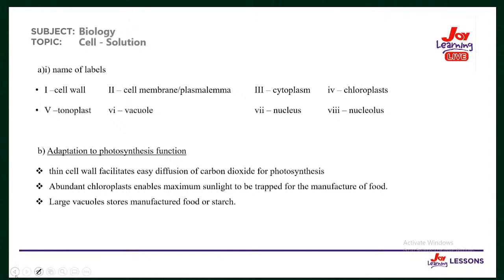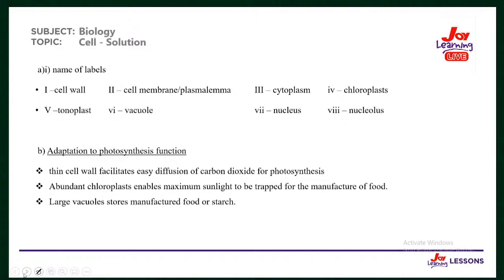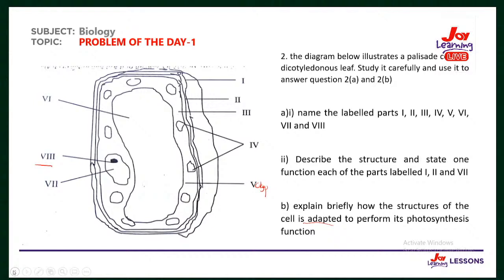Now let's look at point of the day 1 that I gave and look at the answers. So I is your cell wall, II is your cell membrane, III is your cytoplasm, IV your chloroplast, and the chloroplast membrane, V is the tonoplast. Then VI is your vacuole, VII is your nucleus, and VIII is your nucleolus.